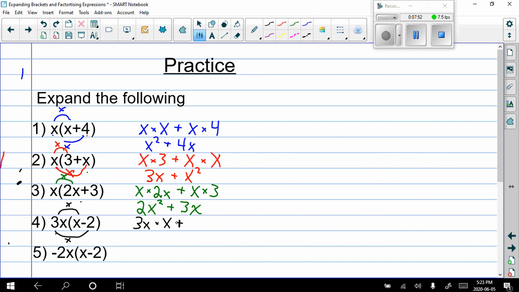So plus sign always, 3x times negative 2. So x times x, x squared, and then 3 of them. Then next we have 3 times negative 2. So we have 6, we have x, and then we have a negative times a positive, which is a negative.